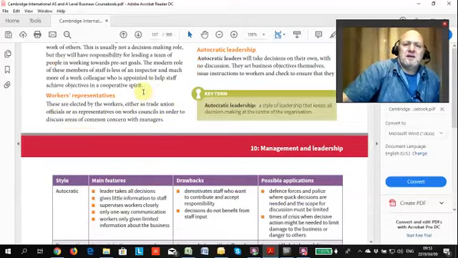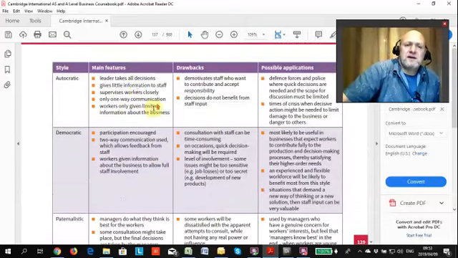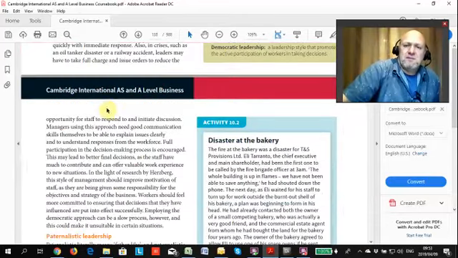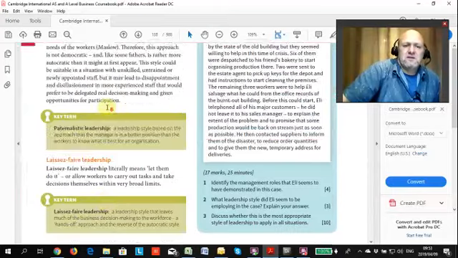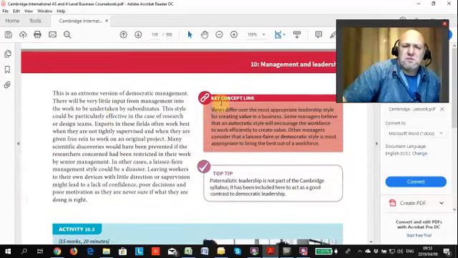Okay, so then we went through the different styles, the drawbacks, the advantages, main features, and different applications, and where the democratic leader fits in, etc. We've gone through all of this in class, so we're not going to go over that. But what we did focus a lot on was this key concept here. There are different views of appropriate leadership styles for creating value in a business.